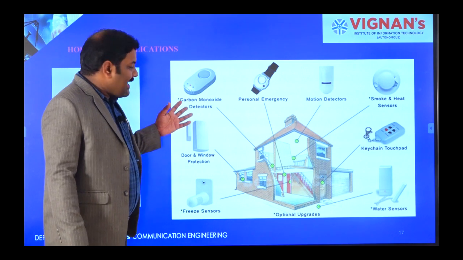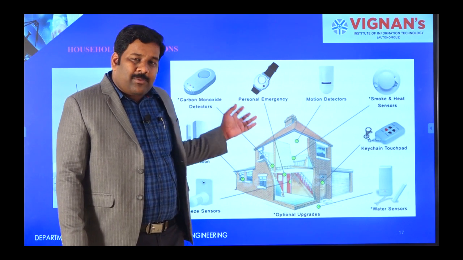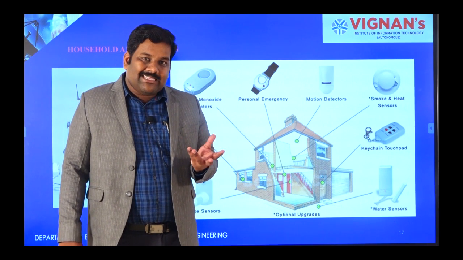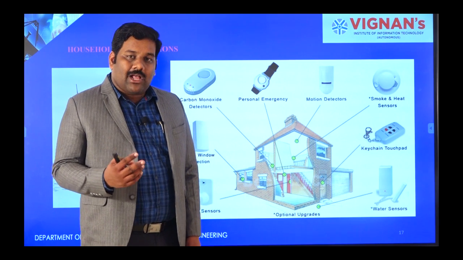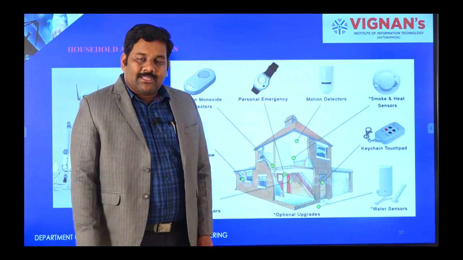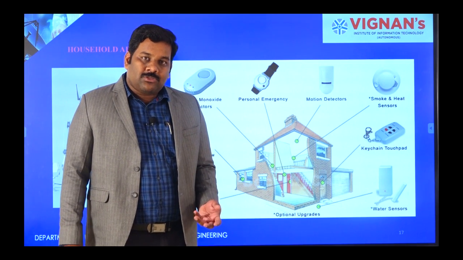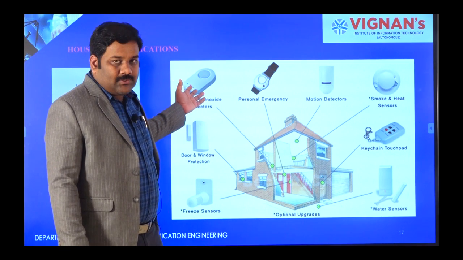Next one is carbon monoxide detectors. If carbon monoxide increases in your house, then obviously the oxygen levels in the entire house are going to be reduced, and you will have trouble taking a breath. For that, these sensors are used.